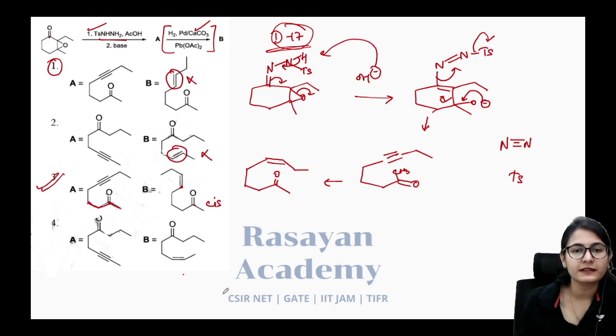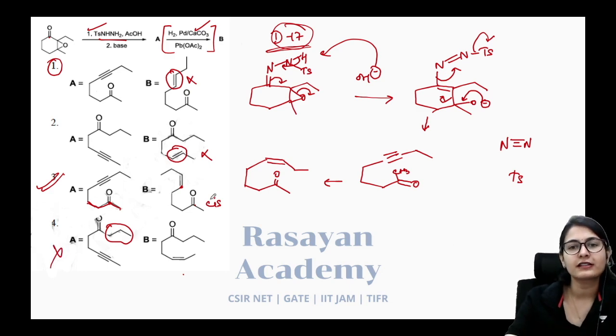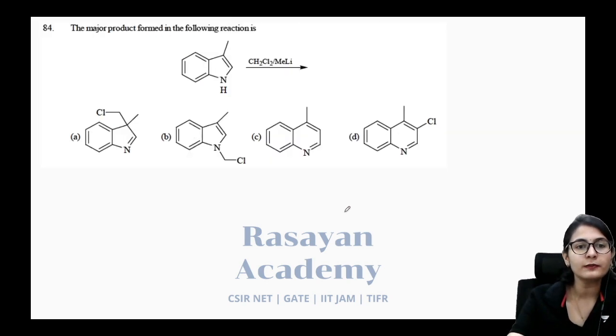Going to be the correct answer. Alright, you're getting the cis alkene, not the trans alkene. What is wrong over here? The double bond group is not going to be close to this. Absolutely wrong. Your correct answer is the Eschenmoser fragmentation. Check out the video for this also.